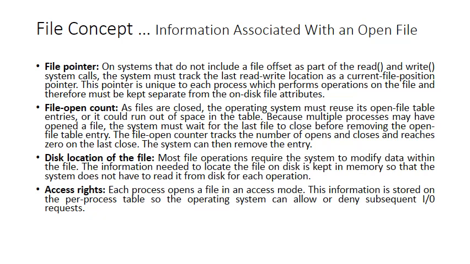Finally, we have the access rights. Each process opens a file in an access mode. This information is stored on the per process table so the operating system can allow or deny subsequent input-output requests. Some of the access rights are read only, write only, execute only, or read and write but no execute, and so on.